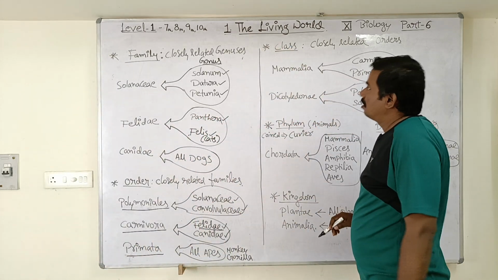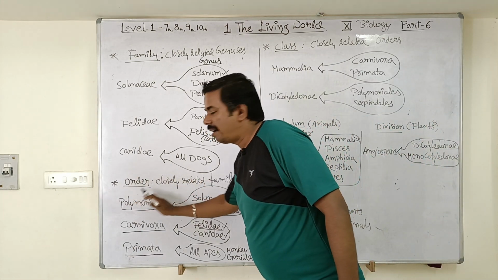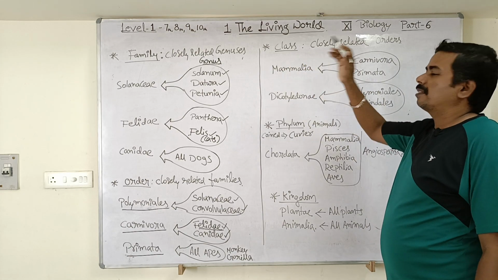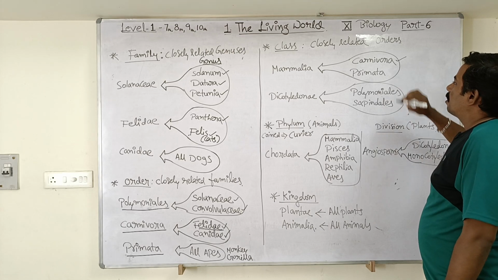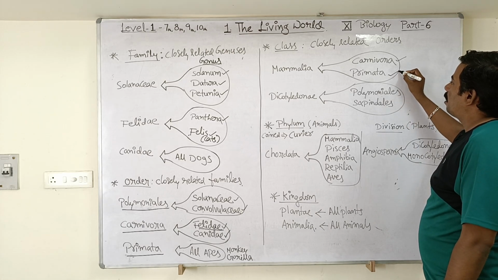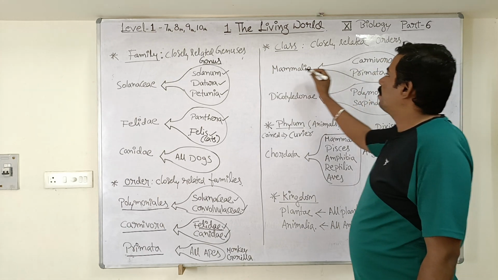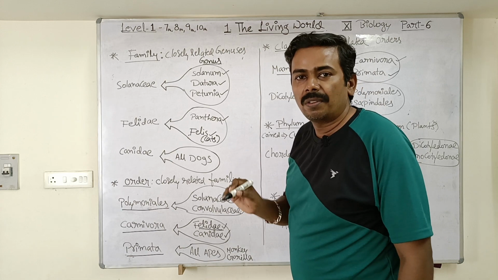What is a class? Closely related orders. Several closely related orders are kept in another taxon called class. Examples we will see. So Carnivora is an order. Primata is a different order. There are some common characters in both these orders. That's why they are kept in a group called Mammalia. What is that common character? Can you guess?